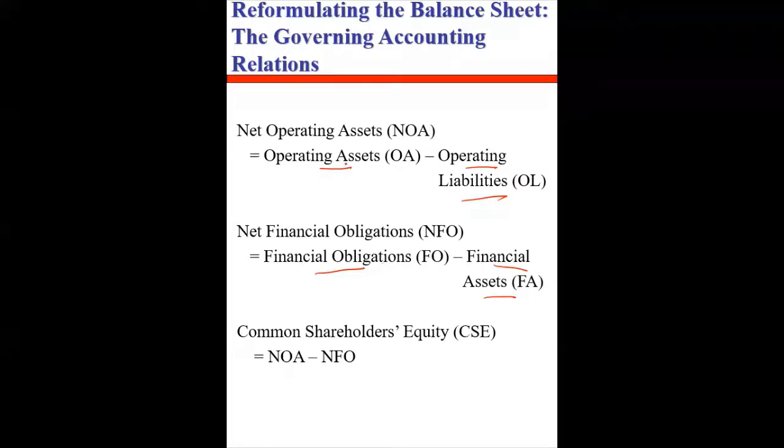We spend money for operating assets and operating liabilities, but when we have excess cash resources, we invest those resources to purchase some financial assets, and these financial assets generate income for us, which obviously reflects in the income statement.